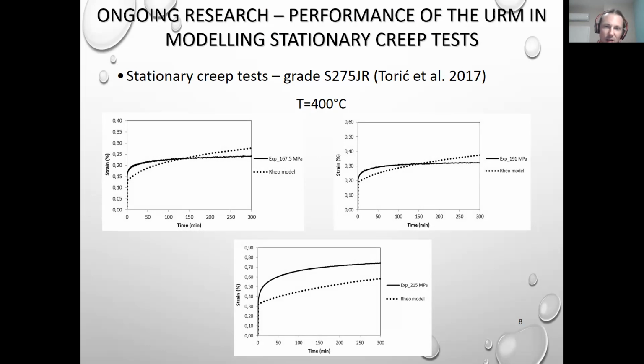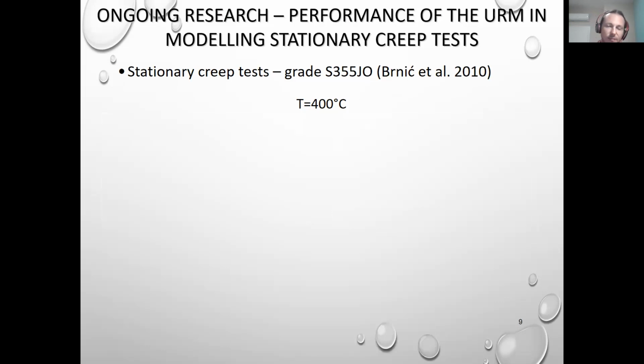This is a graph that shows a simulation of stationary creep tests conducted at different stress levels. You can see that the unified rheological model can create a strain output which is comparable to the stationary creep tests that were used for verification of the model.